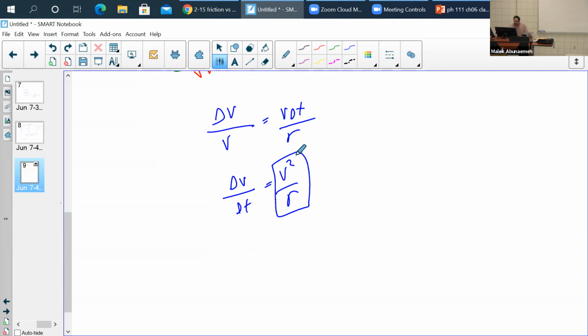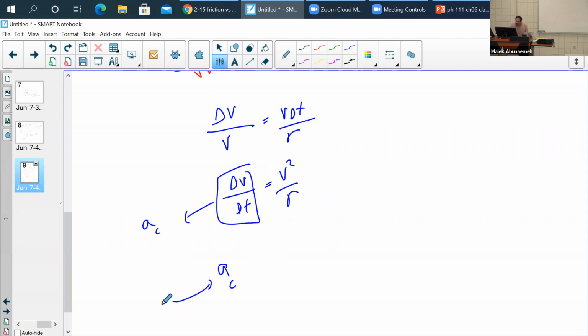Remember, that's velocity over time, which is your acceleration. So in particular, your centripetal acceleration is going to equal v squared over r.